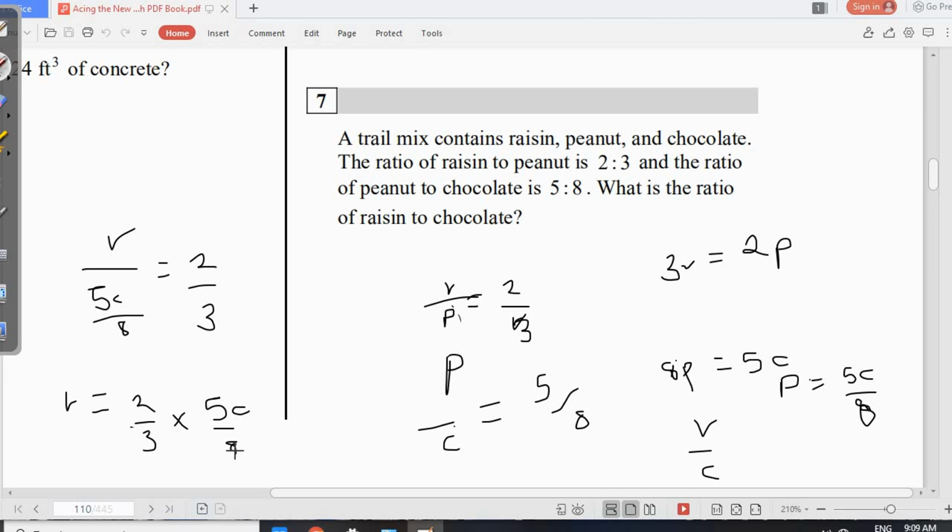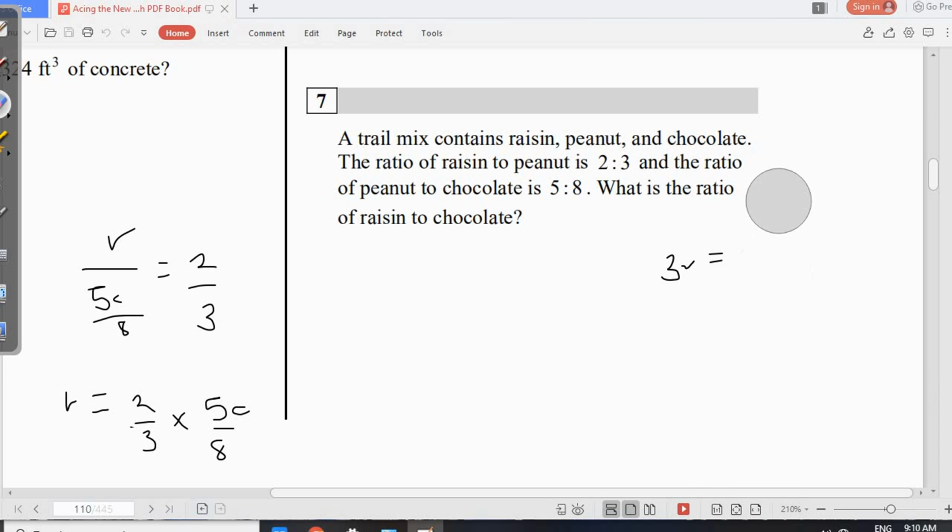So when we multiply that, we're going to have 2 times 5, which is 10, and 3 times 8 is 24. So we have r is equal to 10c over 24.